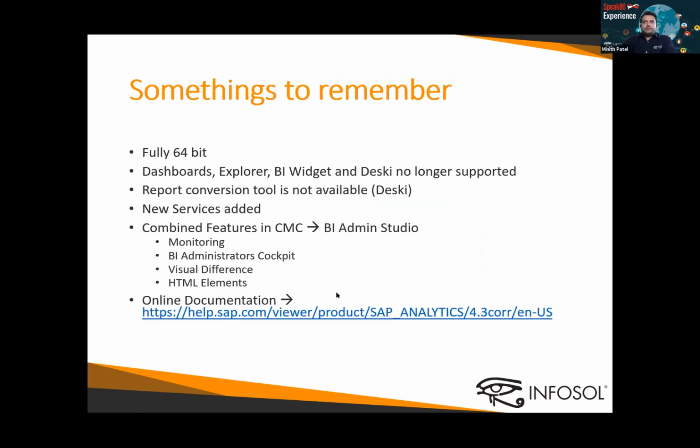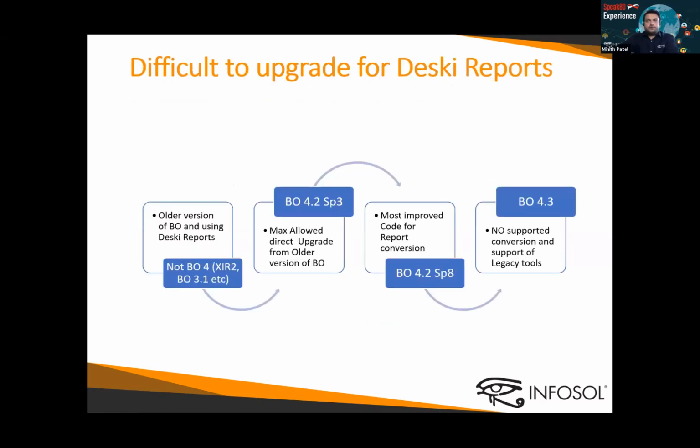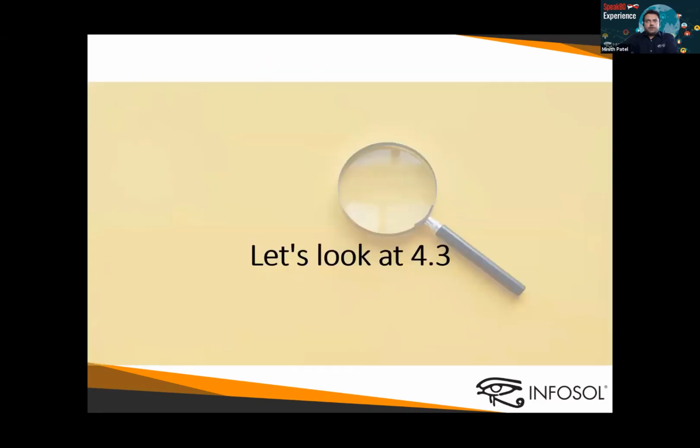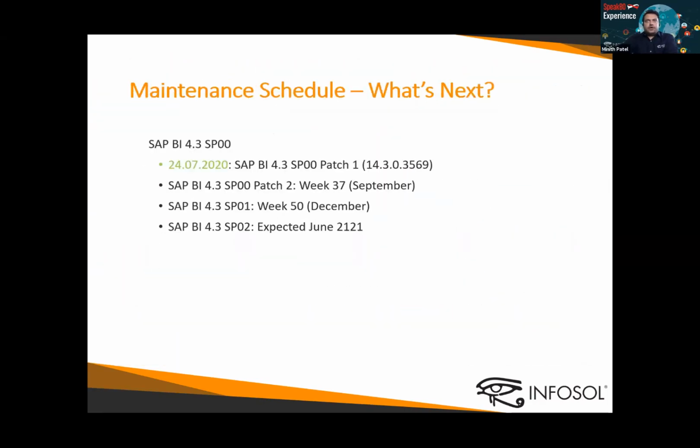Online documentation, they do provide it. You can take a look at it. If I click on it, it's not going to show my screen, but take a look at this, and it will tell you what they have done and not done on the new version of BO, specifically for system administration. And this is the maintenance schedule.